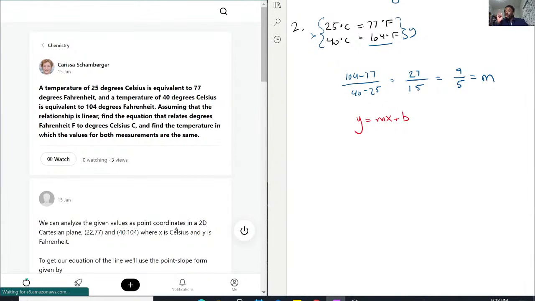You'd have to convert the Fahrenheit into Celsius and the Celsius into Kelvin in order to use your PV equals nRT. So there is always going to be a level of math involved in chemistry. That's just how it works. Whether that's fortunate or unfortunate for you depends on how proficient you are in math. So with that being said, y equals mx plus b.